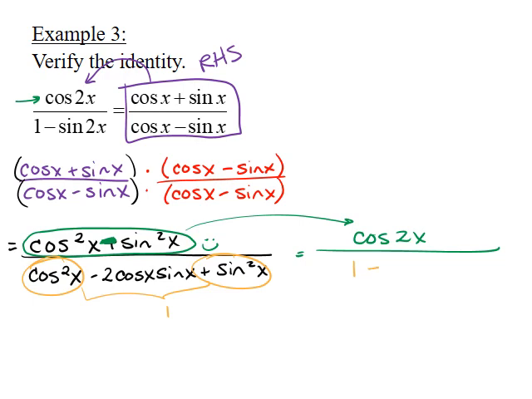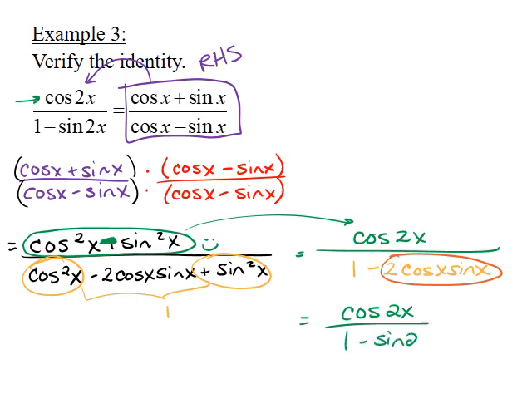So I have 1 minus 2 cosine of x sine of x. And maybe right away you notice this is a double angle formula. So we end up with cosine of 2x over 1 minus sine of 2x. And this is what we wanted. Woo-hoo.